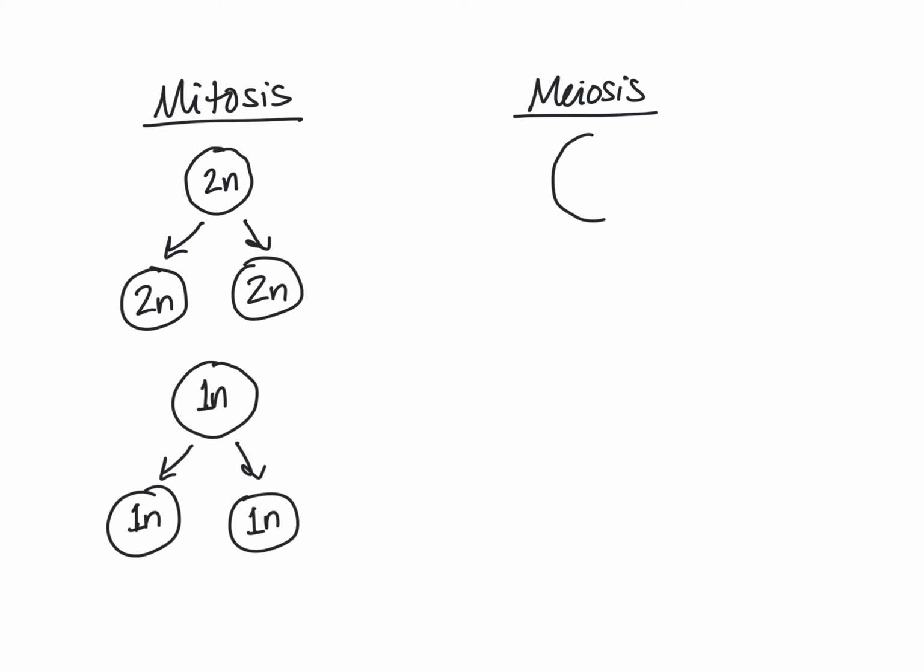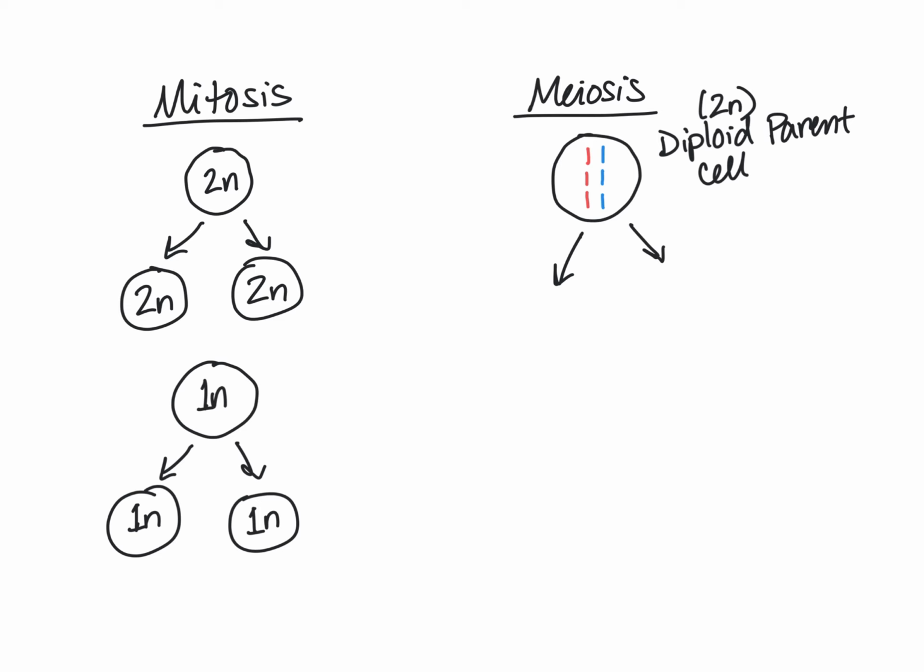Now with meiosis, you have to start with a diploid parent cell. Remember, diploid means that we have multiple sets, or pairs, of chromosomes. And with meiosis, it actually goes through two rounds of cell division: meiosis 1 and then meiosis 2.